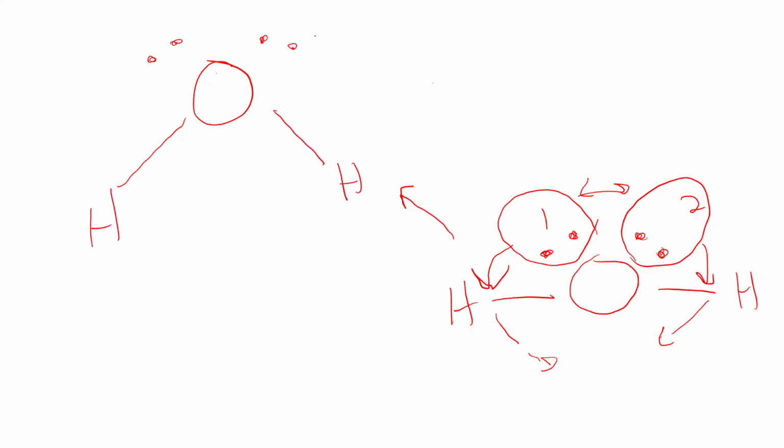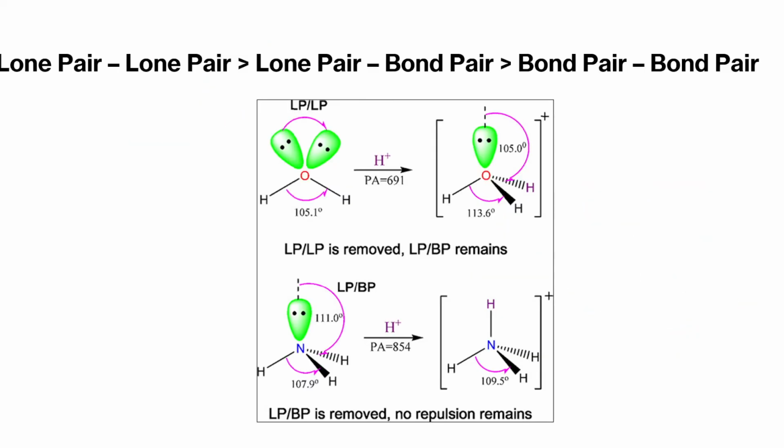So the bonded pairs and the lone pairs repel each other, and since lone pair interaction is stronger than bonded pair interaction, the bonded pairs would be brought closer to each other more so than the lone pairs. We did state that lone pair interaction is the strongest of all interactions, then lone pair bond pair interaction, then bond pair interaction.